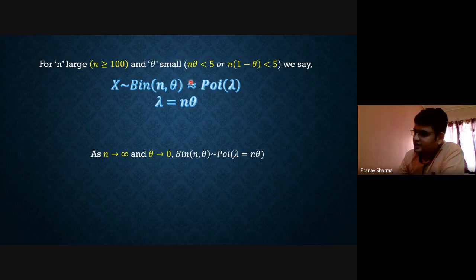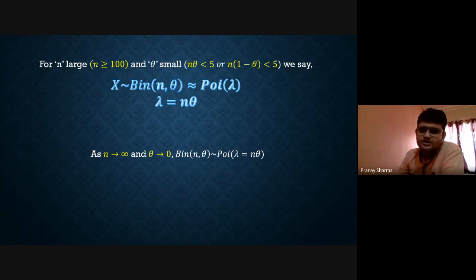In actuality, we will never have n equal to infinity and theta equal to 0. We will never have infinite trials and we will never have probability of success equal to 0. So theoretically, our binomial will be converted into Poisson perfectly only in these two conditions. That will not happen in practical terms.